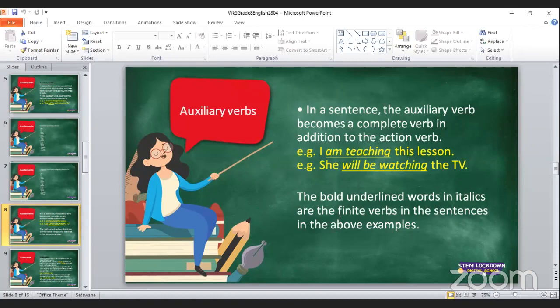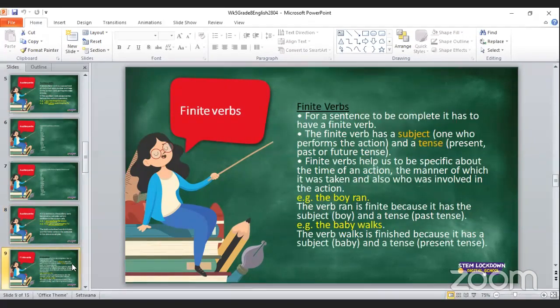All right, let's continue now. So yes, I did say that for a sentence to be complete, it has to have a finite verb. And the finite verb has a subject. A subject is the one which performs the action, and the tense, whether it's the present tense, the past tense, or the future tense. So let us go back to our example to demonstrate this.